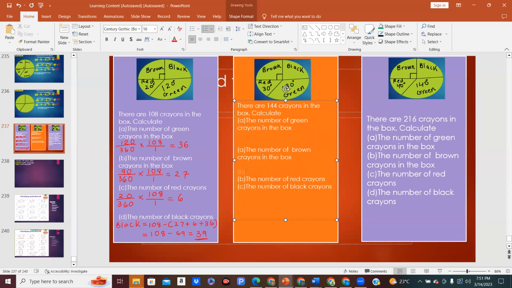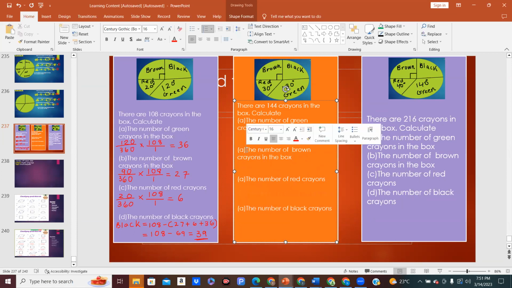There are 144 crayons in the box. Calculate the number of green crayons in the box.